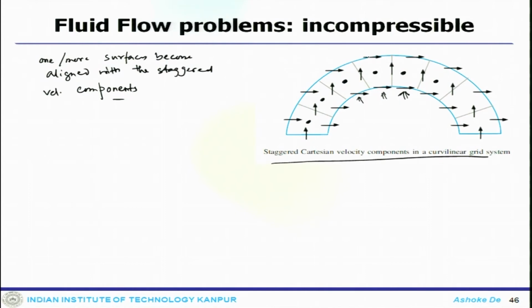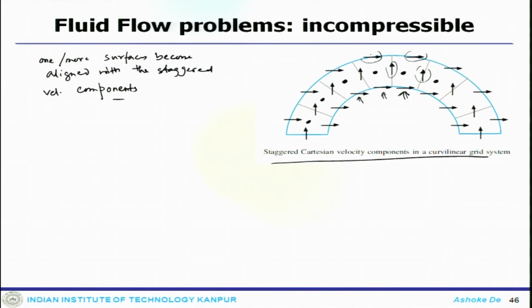Secondly, in the top surface also, this one is aligned with the geometric alignment. Similarly, for V component of velocity, this one and this component have the problem. They are aligned with the surface curvature and the components.